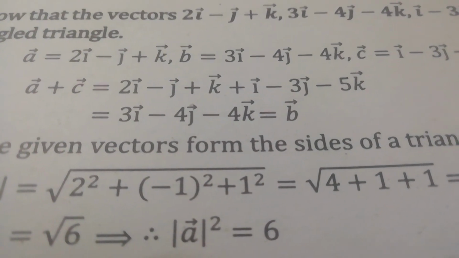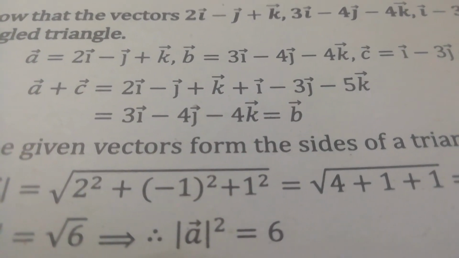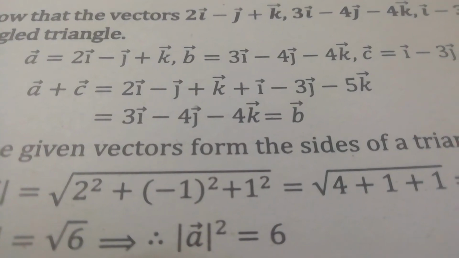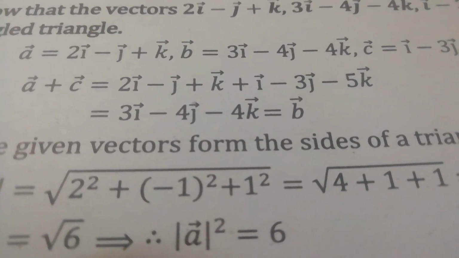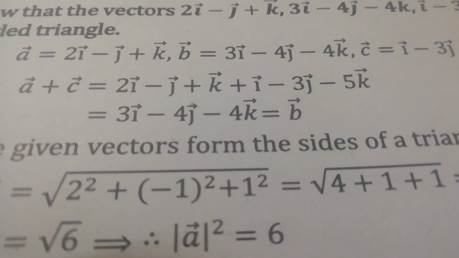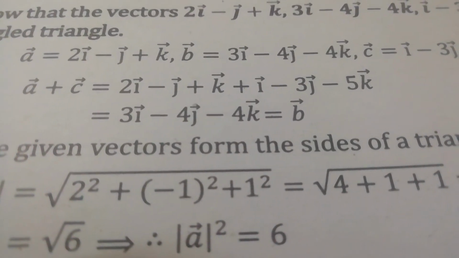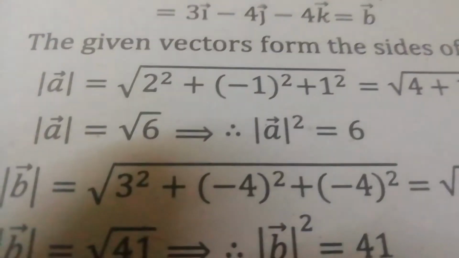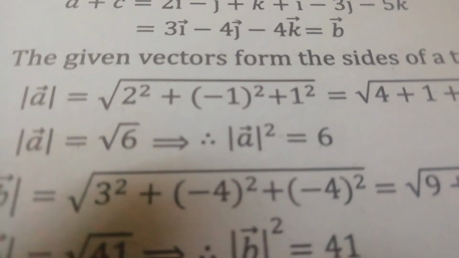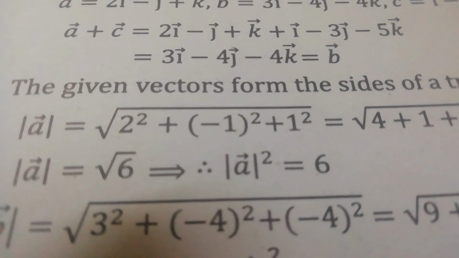If the sum of any two sides equals the other side, that is, a + c equals b, then they form a triangle. Otherwise you can find the moduli. First, the modulus of vector a.